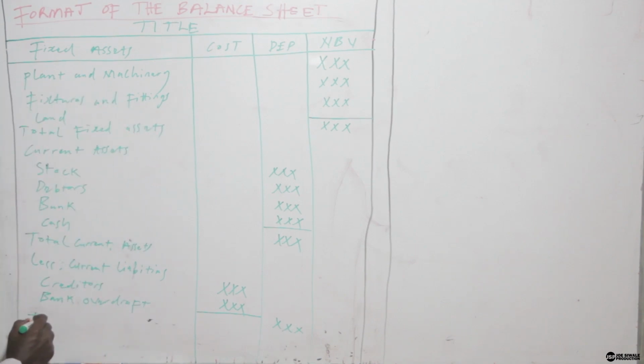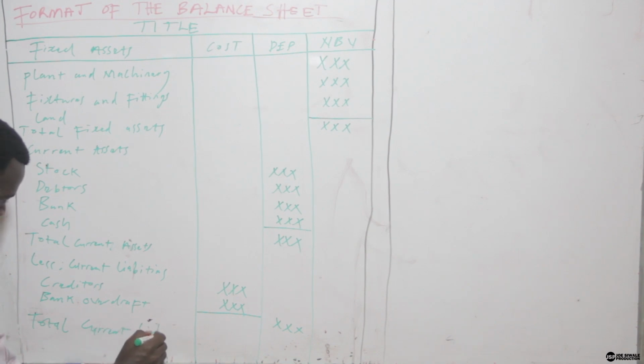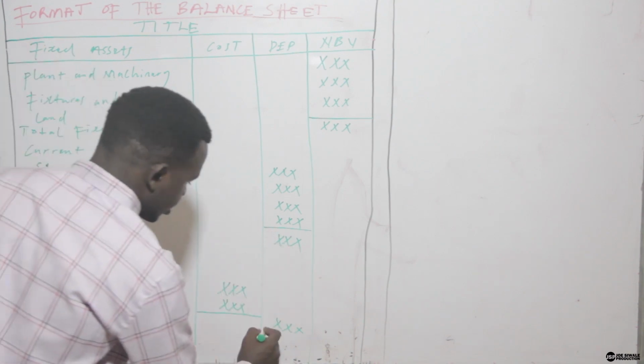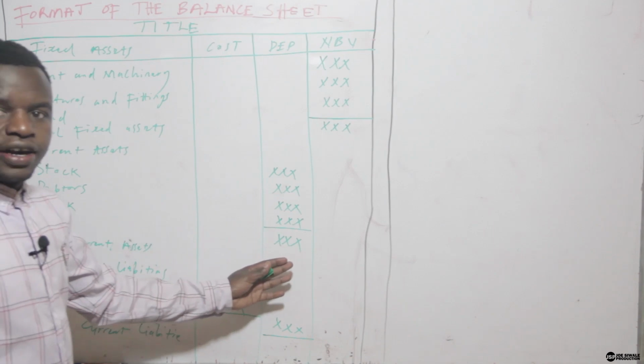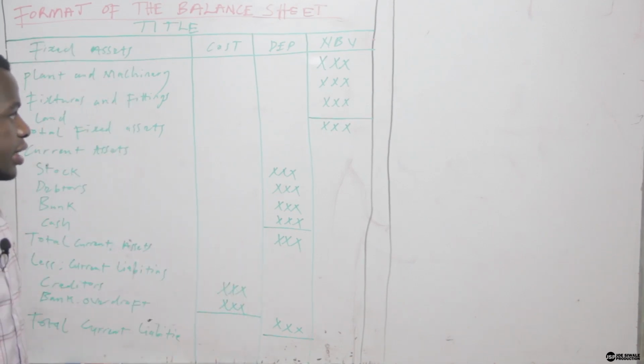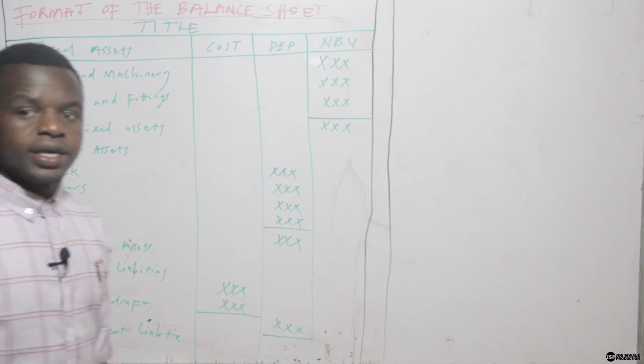So this is going to be our total current liabilities. And here we can find the difference between the current assets and the current liabilities to get our working capital.